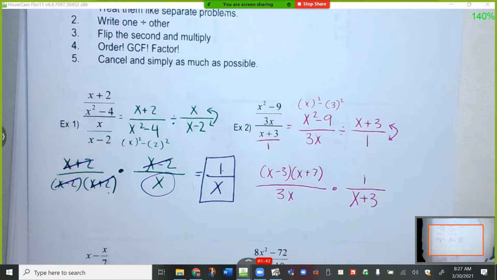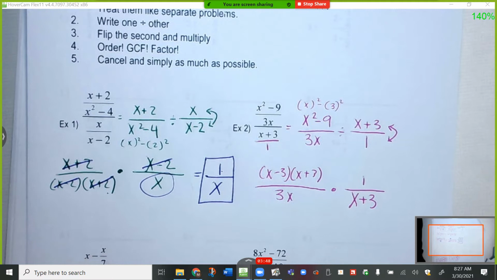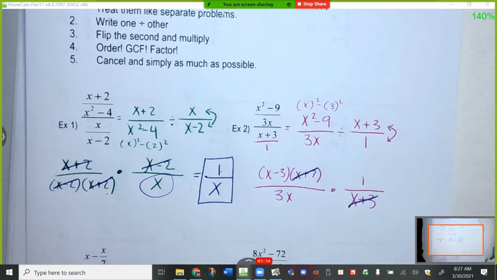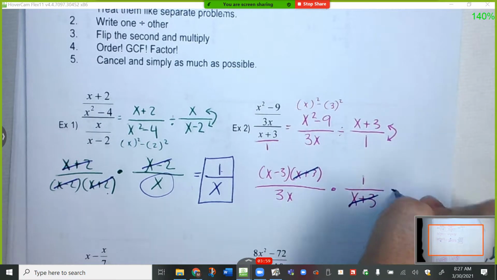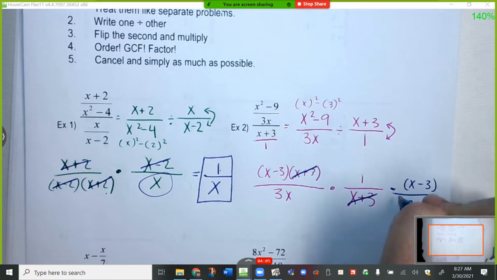Yes, because it's always going to be division if it's a fraction. So we have these x plus 3's that cancel. Does anything else cancel? No. Well, 1 times anything is just itself. So this gives me x minus 3 over 3x.